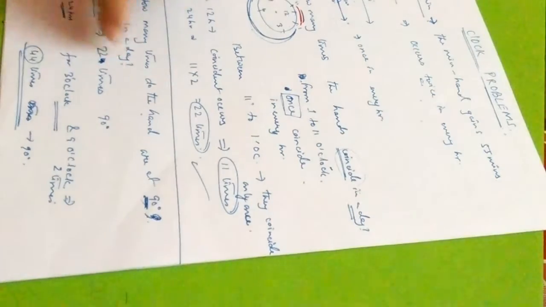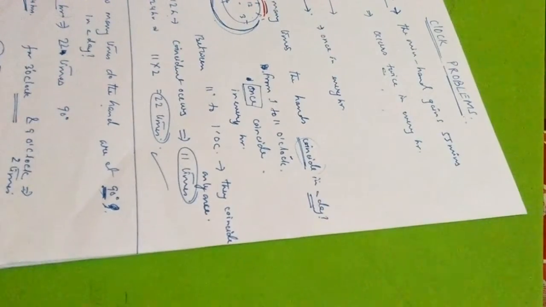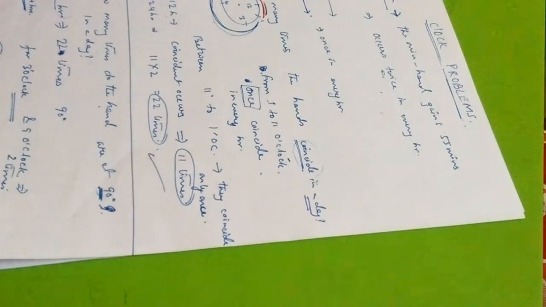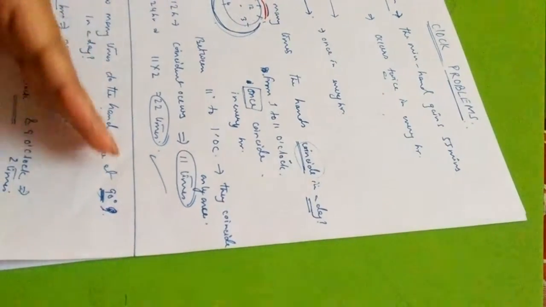And when we multiply this 22 by 2, we get 44 times for 24 hours or a day. So this is the relation between how many times the hands are coinciding and how many times they are forming a right angle.